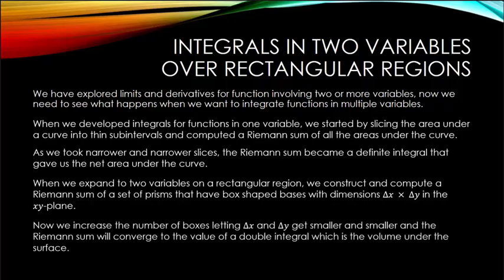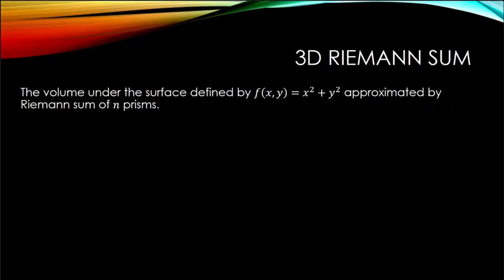Then we increase the number of boxes by letting delta x and delta y get smaller and smaller so that my Riemann sum converges to the value of what I call a double integral, and it gives me the volume under the surface. So a 3D Riemann sum is just a sum of a bunch of prism volumes that exist under a surface that's defined by some function.